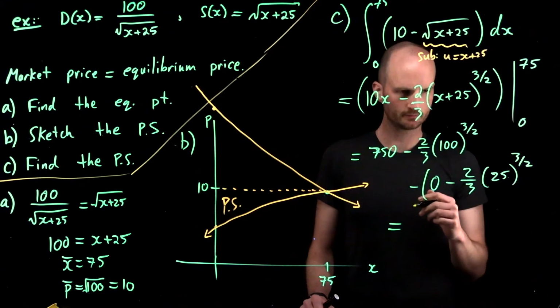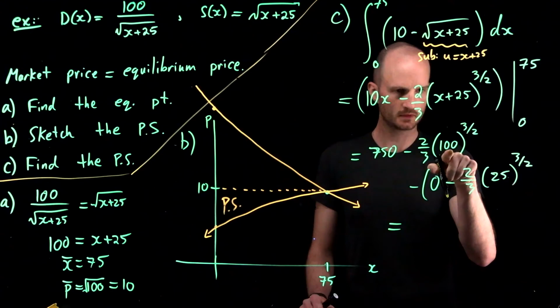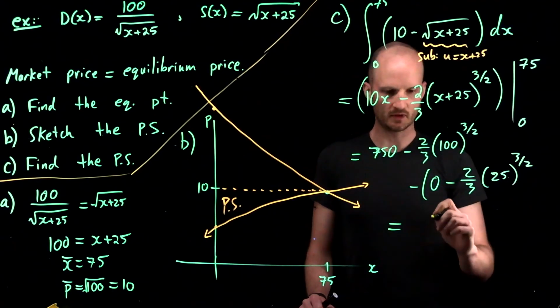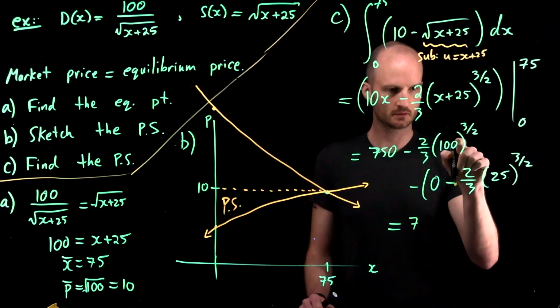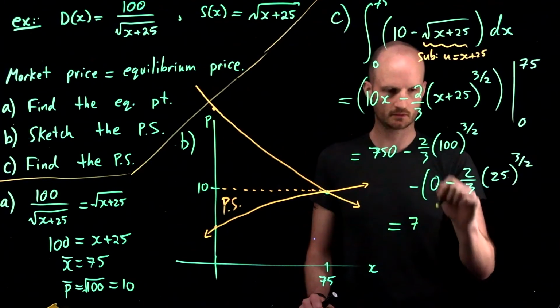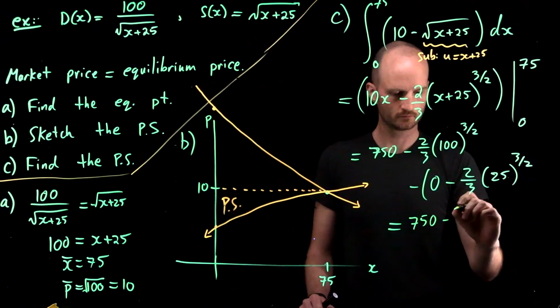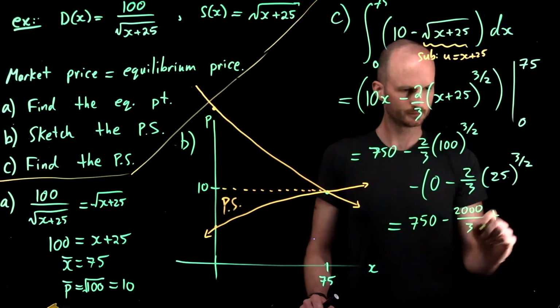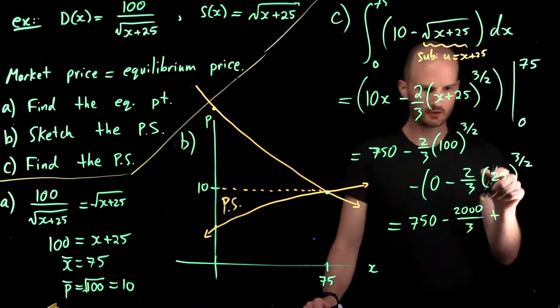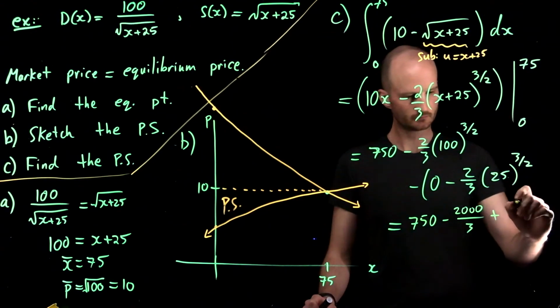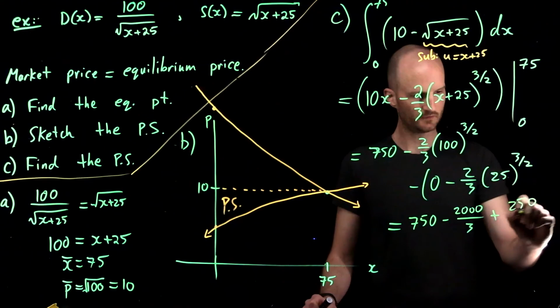Use your calculator, or you can do the square root to give you 10. So it'd be 1,000 times 2/3. And here we get 125, 250/3.